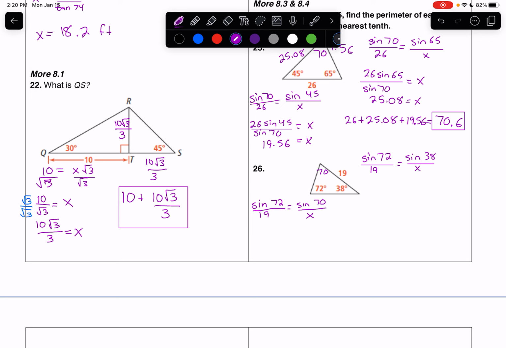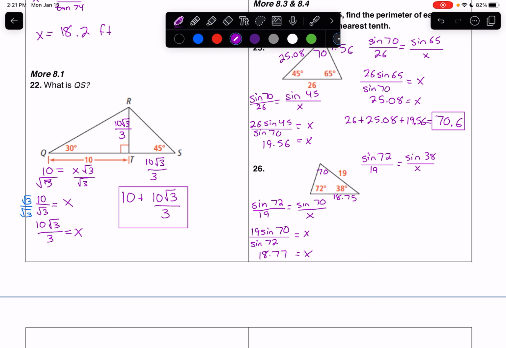So we'll cross multiply in each case. 19 sine of 70 over the sine of 72 equals x, which means that the side opposite of the 70-degree angle is 18.77.